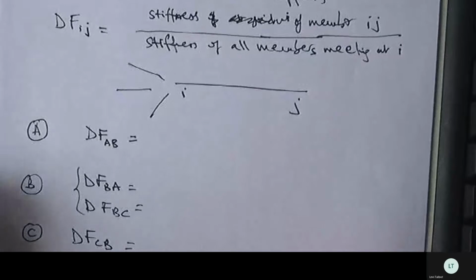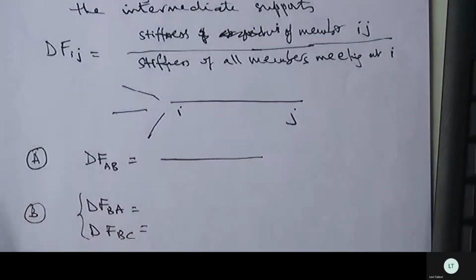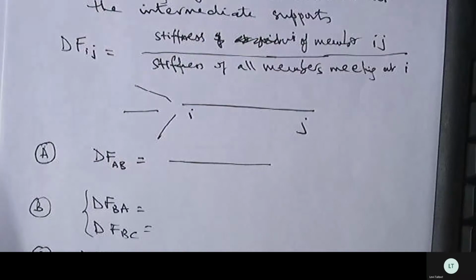Let's use the definition. By the way, we define the stiffness of a member by the EI divided by the length, by the span of the beam.